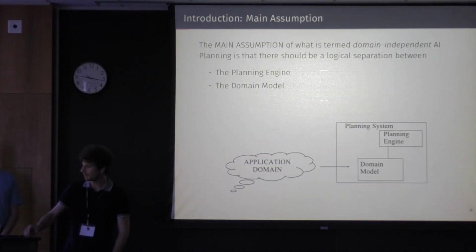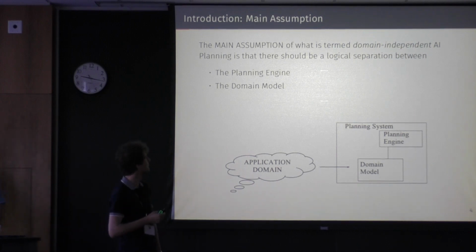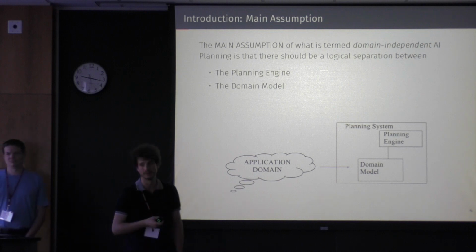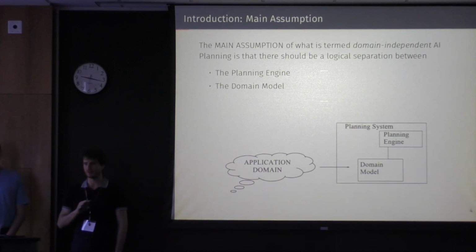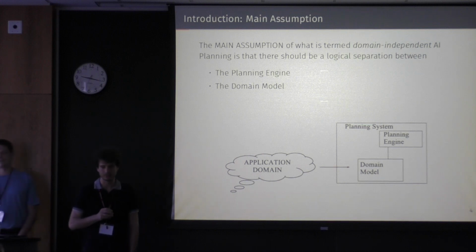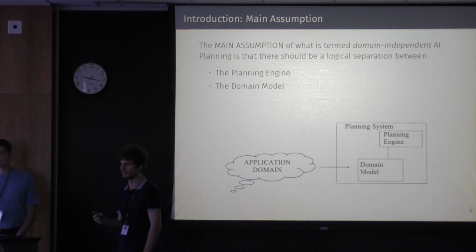And let's focus a bit on the main assumption of what is termed domain-independent planning. Because let's say in AI or in planning, we can focus on two main areas, which are domain-independent and domain-dependent.